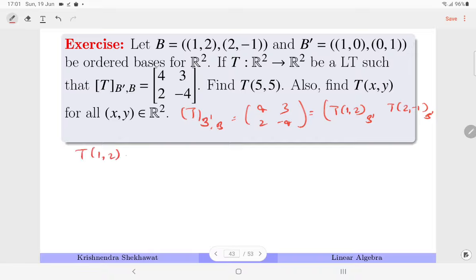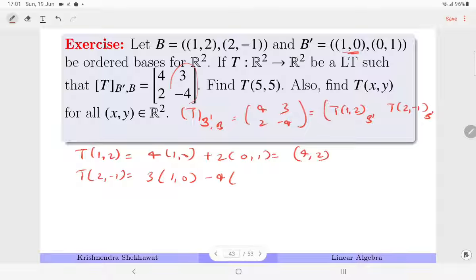It means T of (1, 2) is 4 times the first basis vector of B dash, which is (1, 0), and 2 times (0, 1), which becomes (4, 2). And T of (2, minus 1) is 3 times (1, 0) and minus 4 times (0, 1), that gives me (3, minus 4).